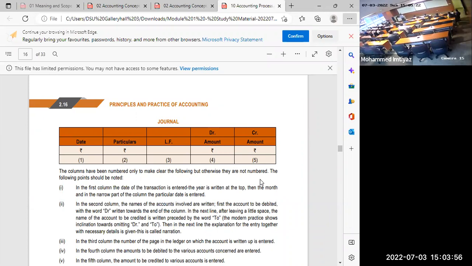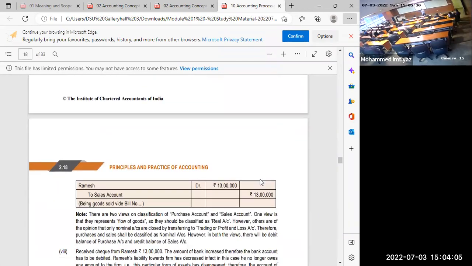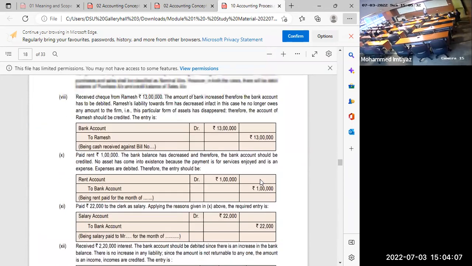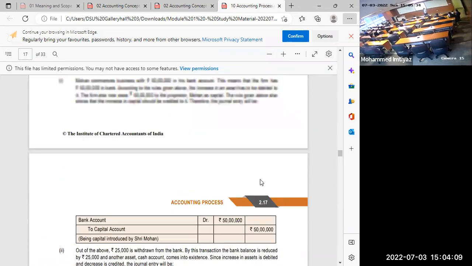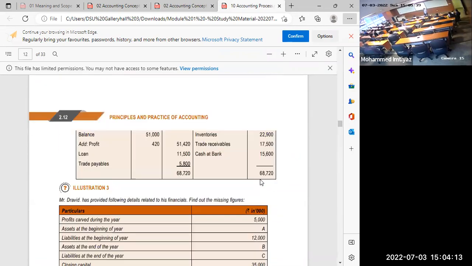Now come back to the rules we discussed. There is a particular rule for these three accounts. I just want to show you. The real account rule says debit what comes in, credit what goes out.